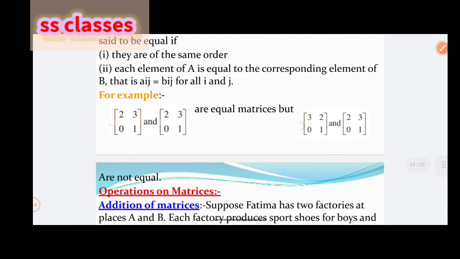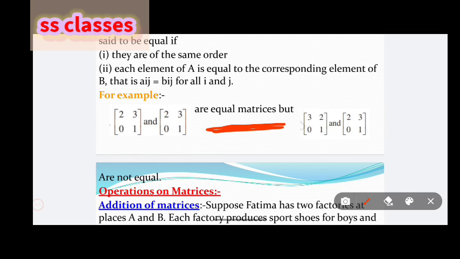For example, this is an example of equal matrices.